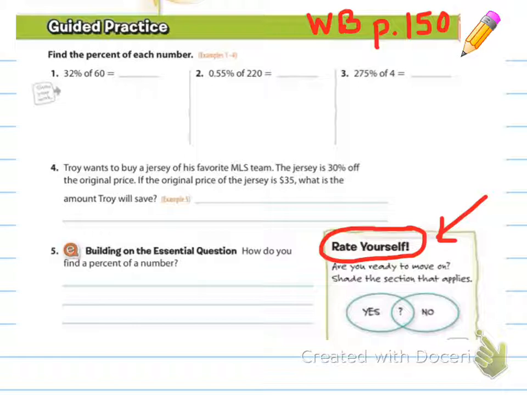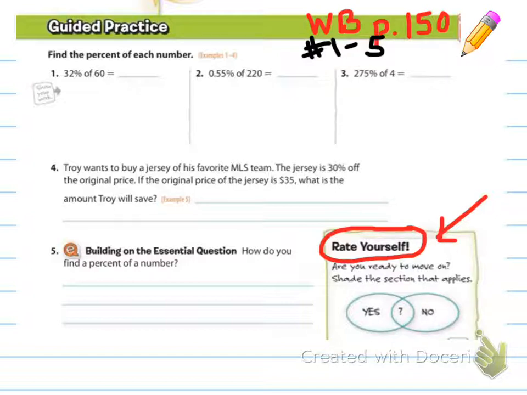And we are at the bottom, workbook, page 150, the guided practice. You are now going to do these on your own. You're going to do numbers 1 through 5 in your workbook, showing any steps as necessary.